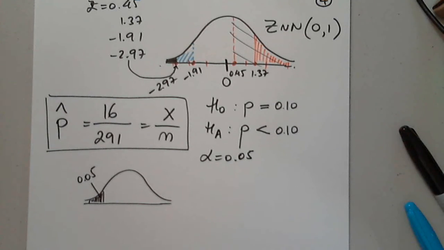Okay, let's see what I did. 0.1, yes. 16, yes. 291, yes. Less than p0, yes. I'm not sure what it doesn't like.